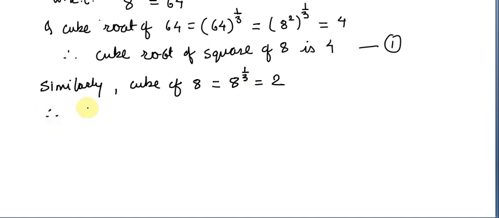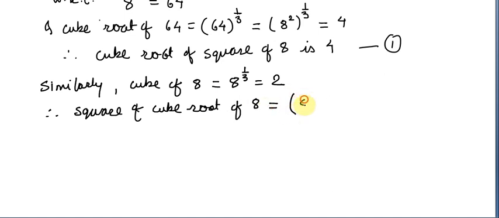Therefore, square of cube root of 8 equals 8 raised to power 1 by 3 and square. So we know that cube root of 8 is 2. So it is ultimately 2 square, so equal to 4.